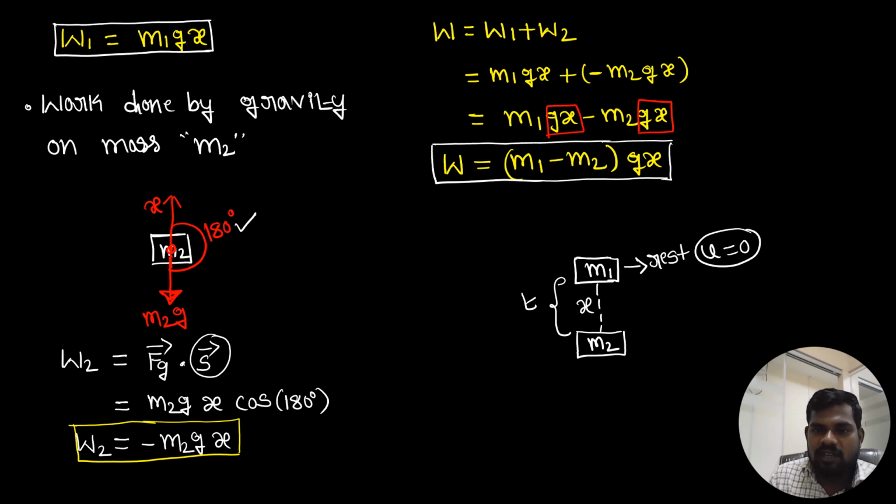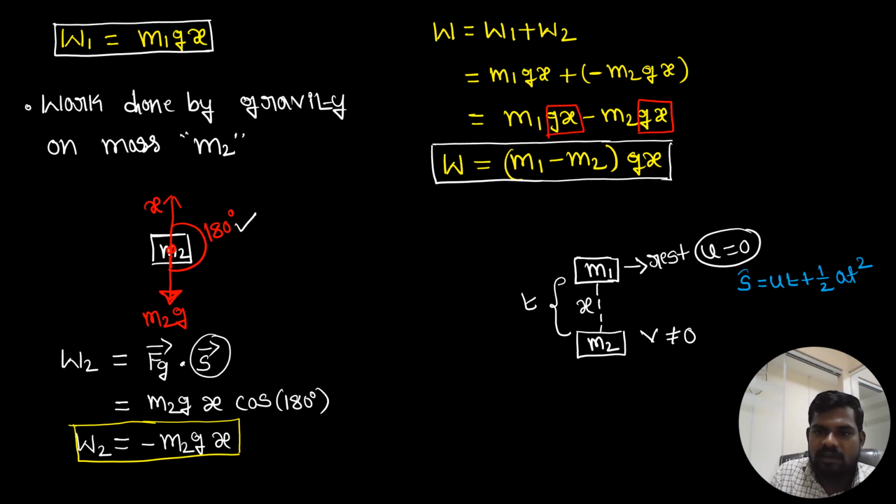So in this case the final velocity is not equal to 0. This block is moving with uniform acceleration due to gravity. Whenever the uniform acceleration concept comes, we can use the equations of motion. I'm taking the second equation of motion: S is equal to ut plus 1 by 2 a t square.